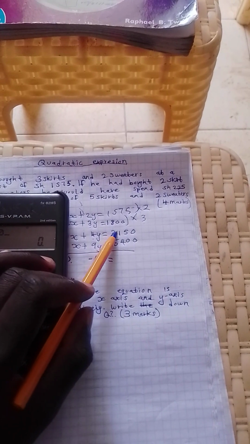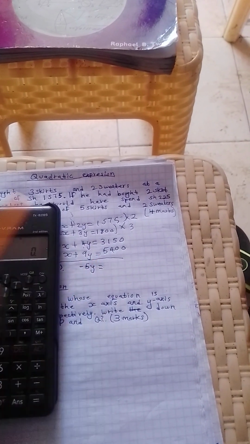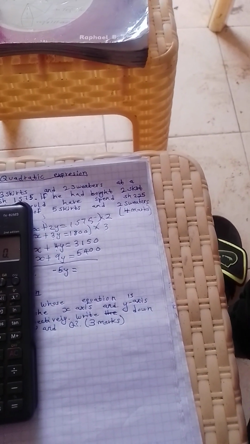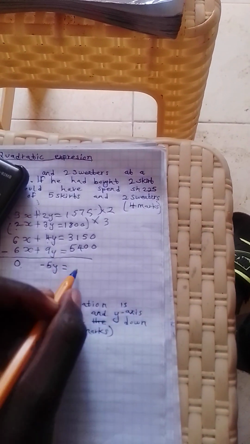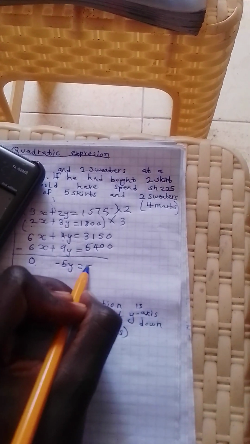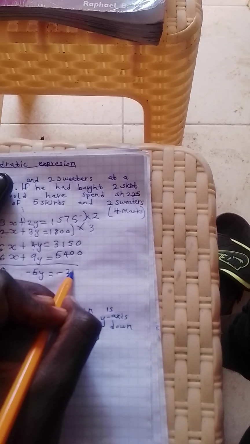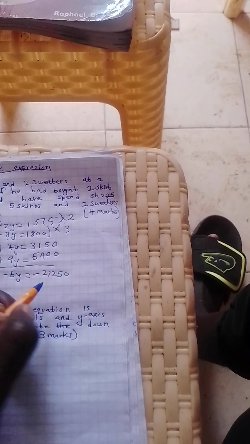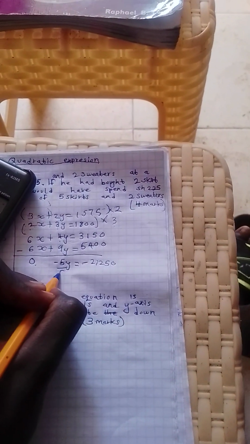3,150 minus 5,400 will give us negative 2,250. So negative 5y is equal to negative 2,250, and then we divide both sides by negative 5.